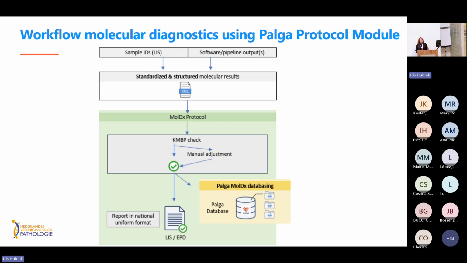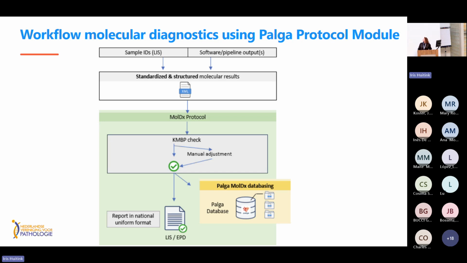So I think it's quite simple to explain here. In the pathology lab, we perform a molecular test, and that test has sample IDs, patient numbers, and so on. And also we have molecular data. So our software analysis pipelines come up with the data. We combine the two in an XML file, and that XML file can then be analyzed by molecular biologists.